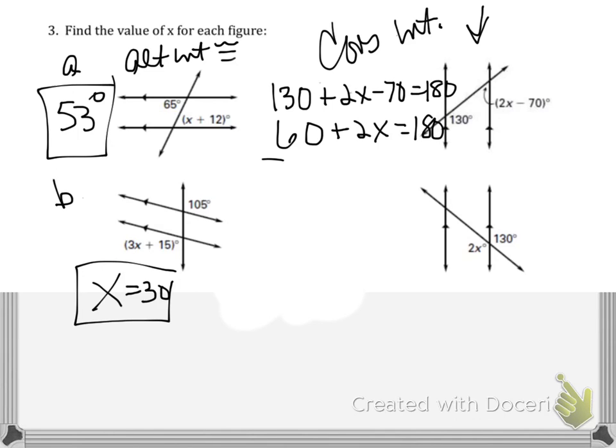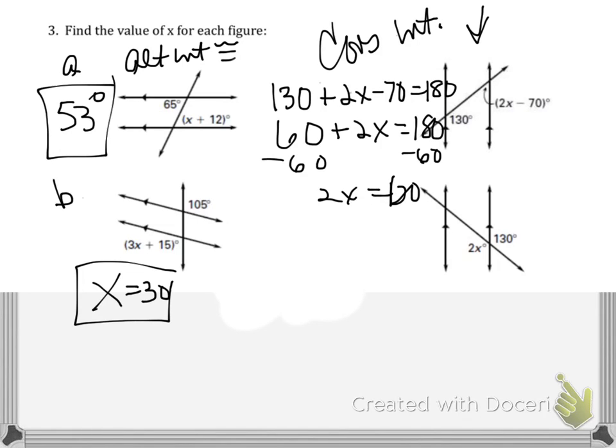Okay, so subtract 60 from both sides, and I'm going to get 2x equals... oh, I'm so sorry, 2x equals 120.